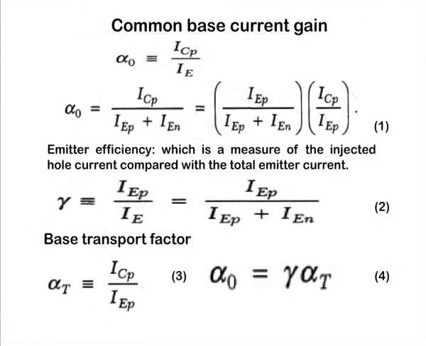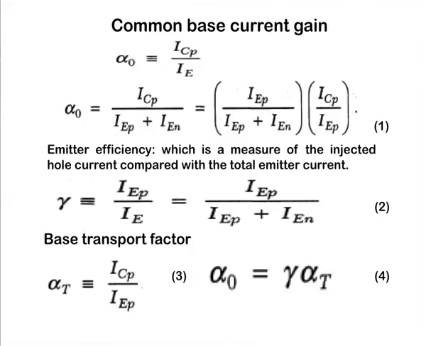This is the ratio alpha 0 equal to ICP, the collector current due to holes, upon IE. IE has two components, IEP plus IEN, so current due to holes plus current due to electrons, and we can rearrange this equation: alpha 0 equal to IEP upon IEP plus IEN multiplied by ICP upon IEP.